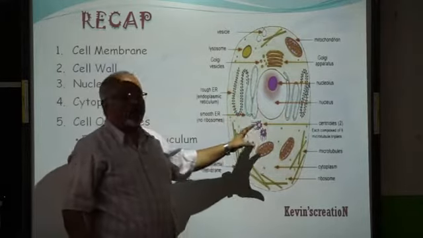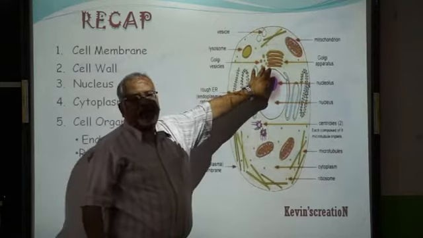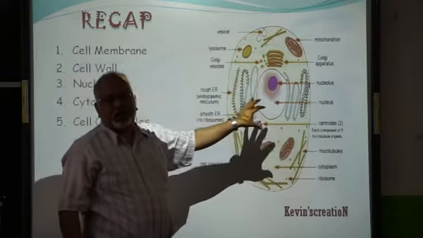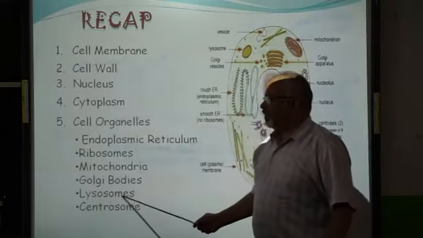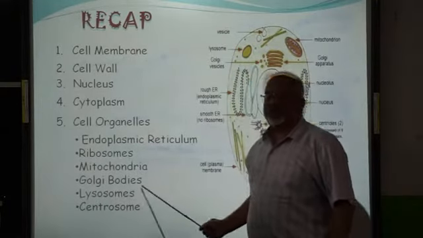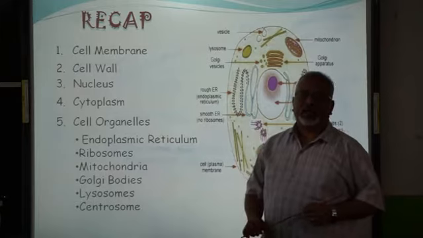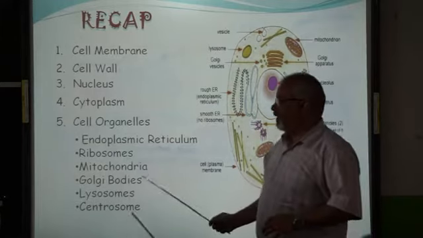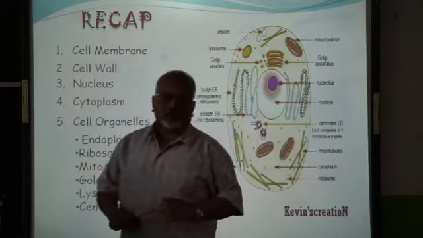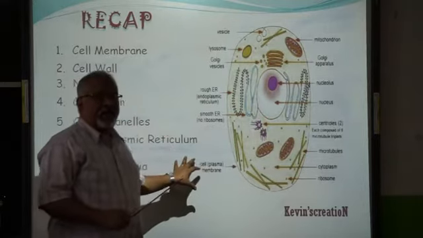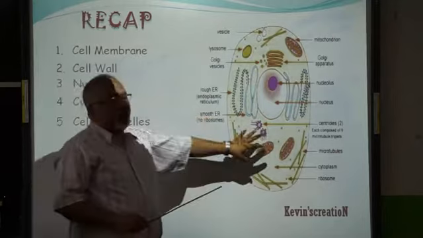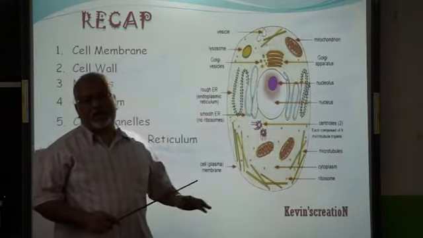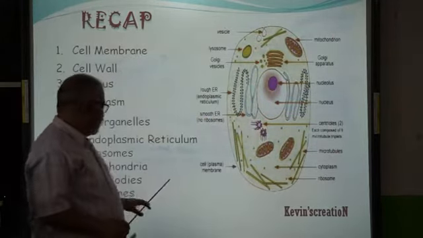In plant cell, a similar structure is known as dictyosomes. Lysosomes, a very funny and strange name is given to them: suicide bags of the cell. The function of lysosome is digestion, but sometimes it starts digesting the other cell organelles, and that is why it is called the suicide bag of the cell.